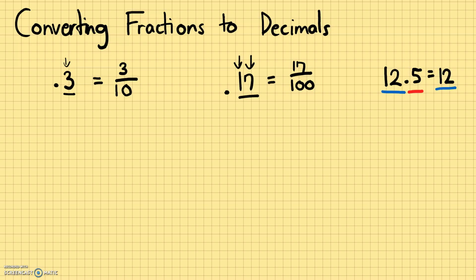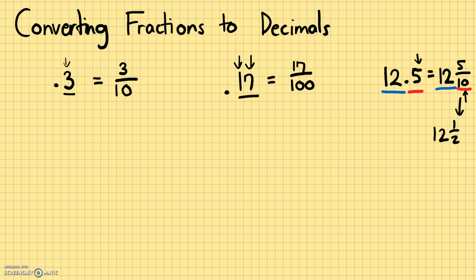The decimal part is going to be 5, the numerator, and 10 in the denominator because there's only one number after the decimal point. Notice we're not counting the numbers before the decimal point to determine the number of zeros that's going to be there. And then, of course, you reduce this to 12 and 1/2. Okay, so this is how you change decimals to fractions.